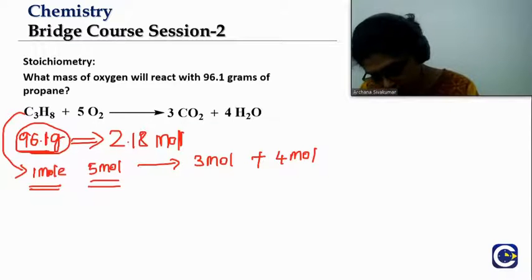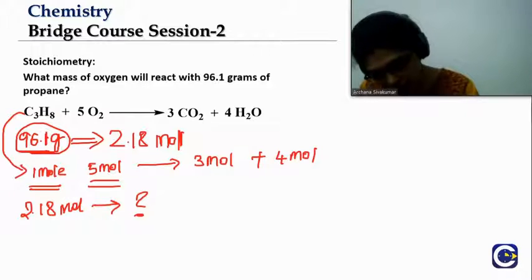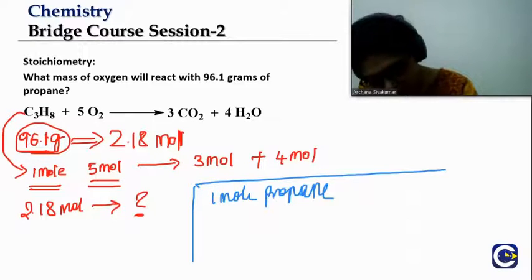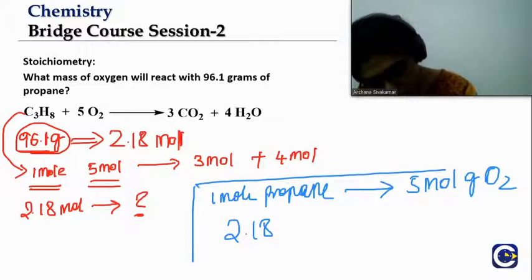So what is given? 2.18 mole of propane. So how much oxygen will it require? Let's write it here. 1 mole propane requires 5 moles of oxygen according to the standard. So 2.18 mole of propane will require how much?